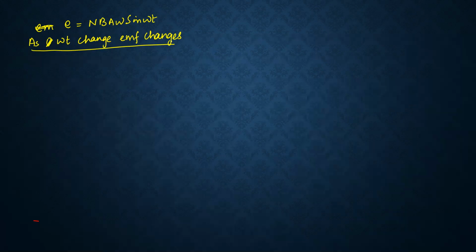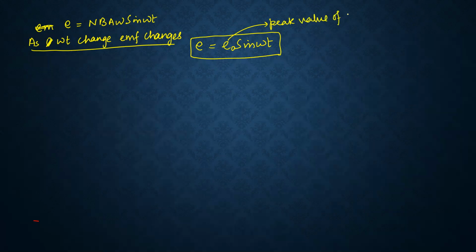And this equation is basically sinusoidal. So I can write E is equal to E naught sine omega t. What is E naught here? We discussed it earlier also. It is the peak value, the maximum value of the induced EMF, which we acquire when theta is equal to pi by 2.